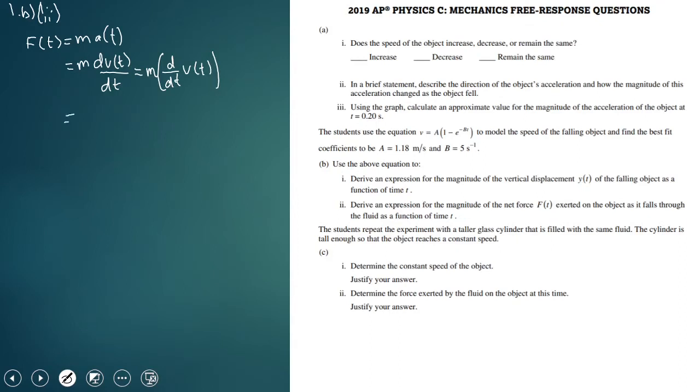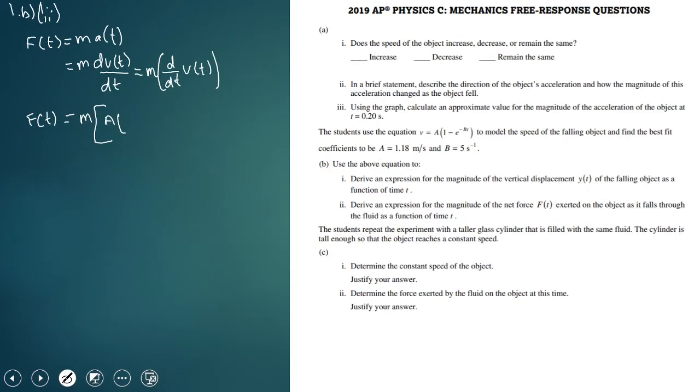And so I get f at t is equal to m times, now what's the derivative of this velocity function? Well, I know that I'm going to have a times, well, the a can come out of the derivative expression because it's a constant.